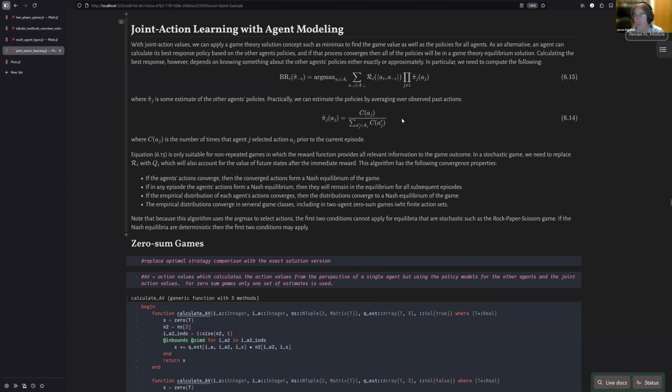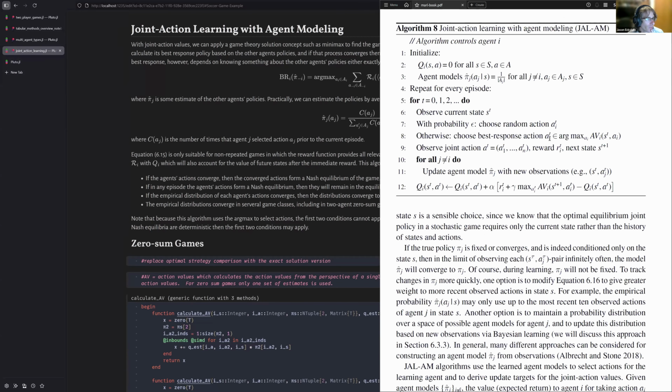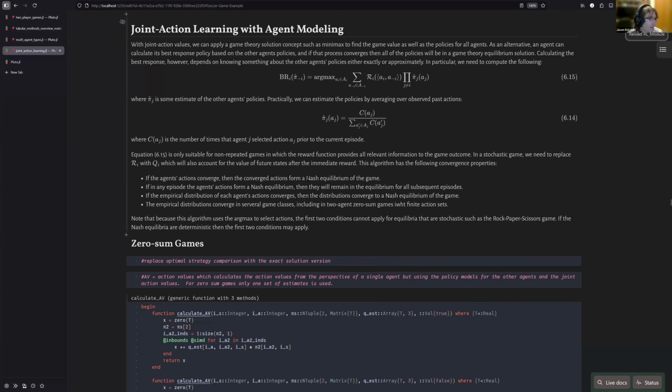If this algorithm converges, where the actions, like this argmax using the values, eventually converge, that means that we have found a Nash equilibrium, right, if it converges. Also, if we're in a Nash equilibrium, then everything will remain in a Nash equilibrium for subsequent episodes. So that's nice. We don't have to worry about losing it.